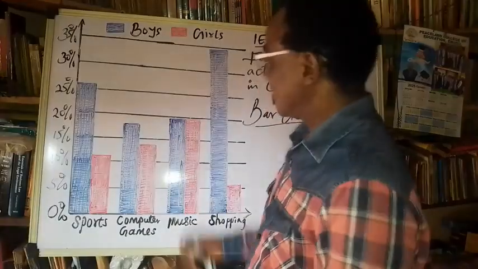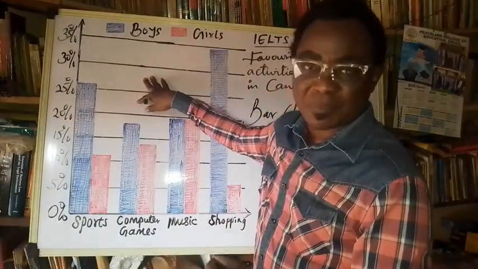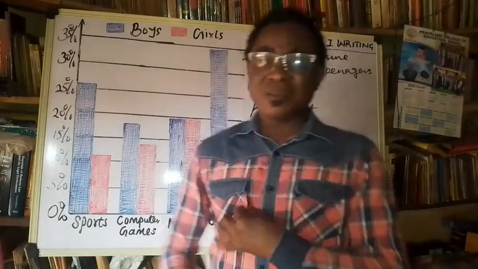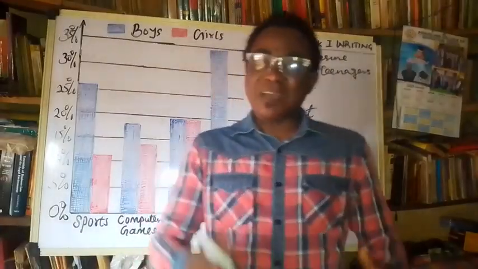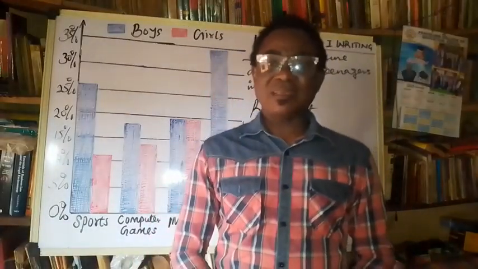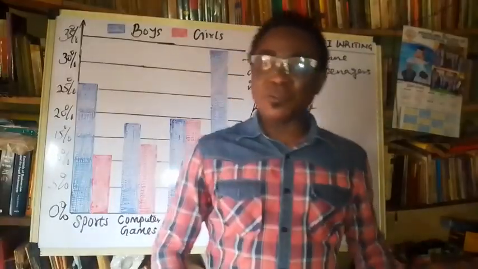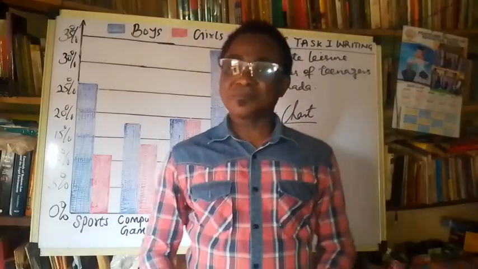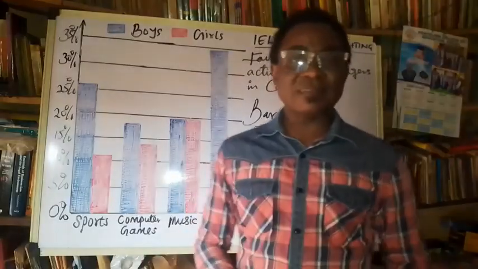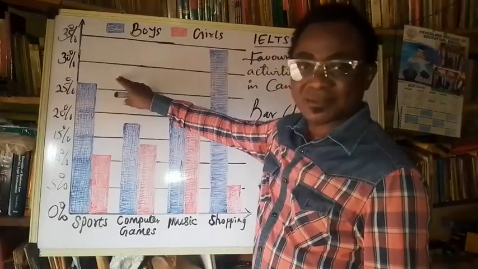And a statistical model like what we have on the board helps us to focus on the main features of such values, usually the highs and the lows, the extremes of highs and the lows, and the comparison between them, so that at a glance one can identify the trends.